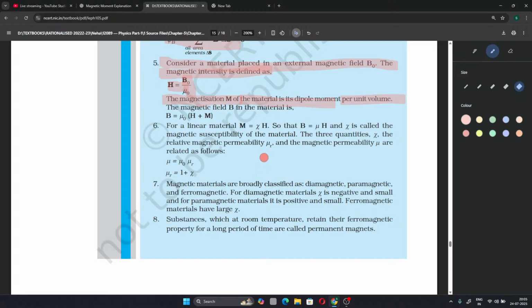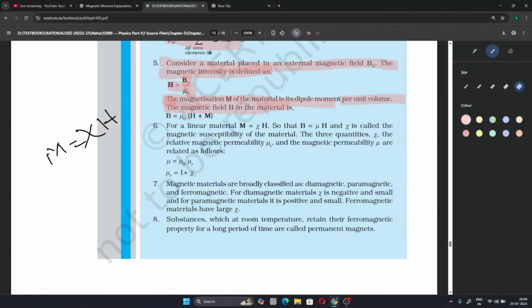The dipole moment of individual atoms per unit volume is called the magnetization of that property, and it depends on the magnetic intensity: magnetization M equals chi times H, where chi is the susceptibility, the degree of magnetization due to magnetic intensity, that is n times I.